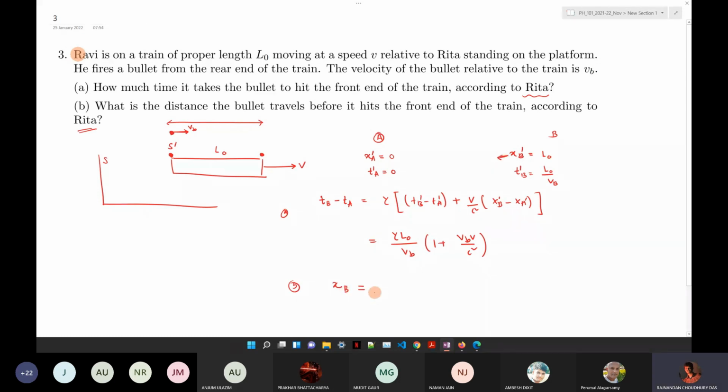So xB will be gamma times of (xB prime plus v tB prime). If you just put it, then you will get this much distance it will cover: gamma L0 times (1 plus v by c) or so. Are you guys with me? Yes, yeah. Okay.